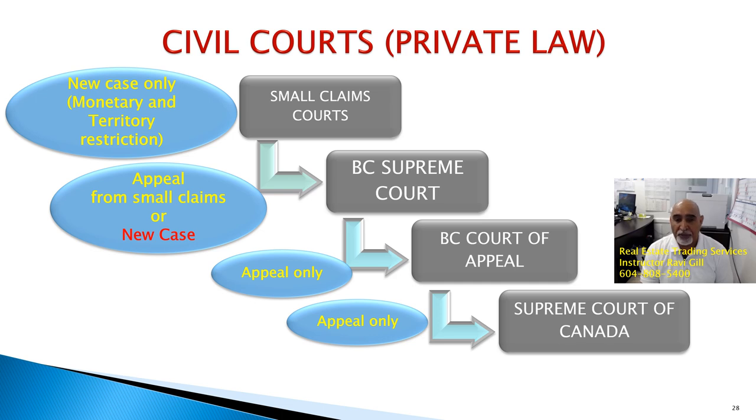If one of the parties is still not happy with the appeal they did in the BC Supreme Court, okay, let's say they started the case in small claims, they took it to BC Supreme Court as an appeal, and they're not happy with the judge's decision, then they can appeal to the BC Court of Appeal. And at the BC Court of Appeal, it will only be an appeal. Evidence will not be reheard.